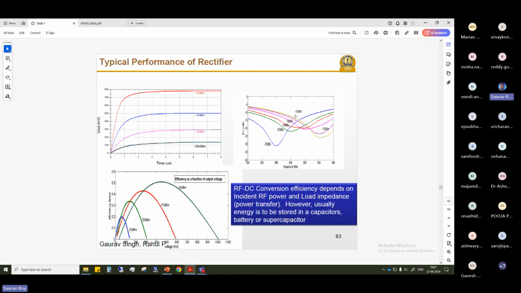And you have two factors to consider. Not only efficiency, you also have to improve the S11. If the reflection itself is bad, most of the signal will obviously get reflected from the antenna terminal itself, and that will impact performance. So there are two design considerations: improving S11 and improving efficiency, both. Okay.